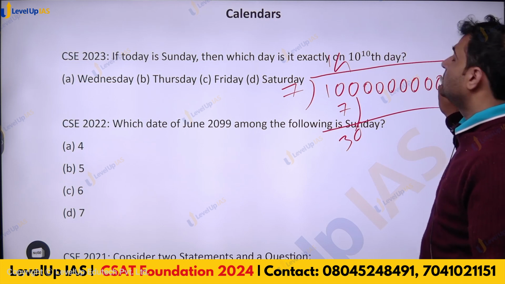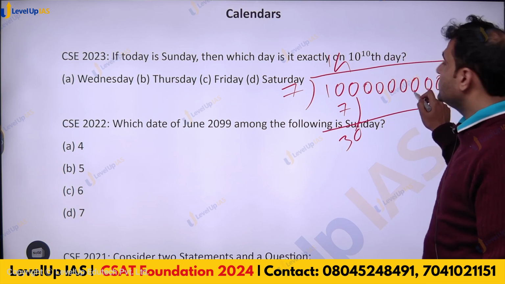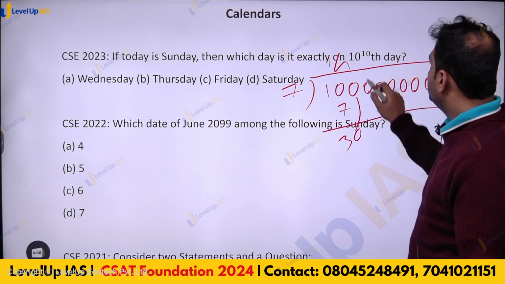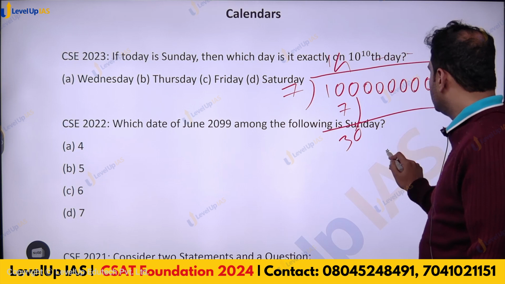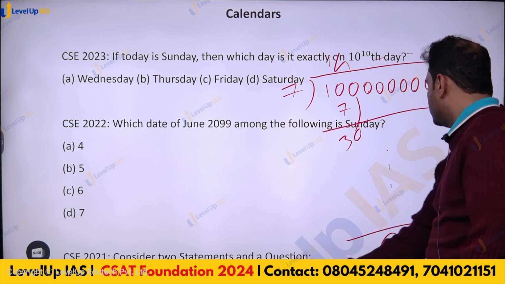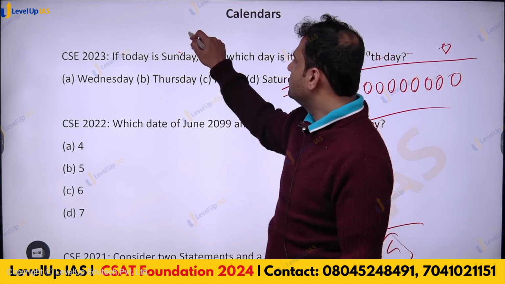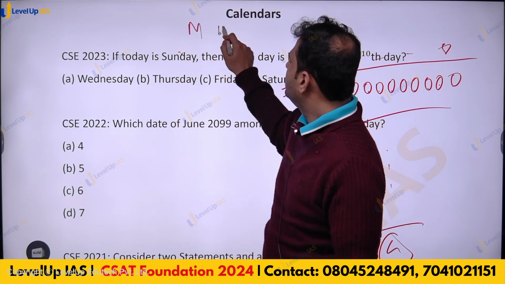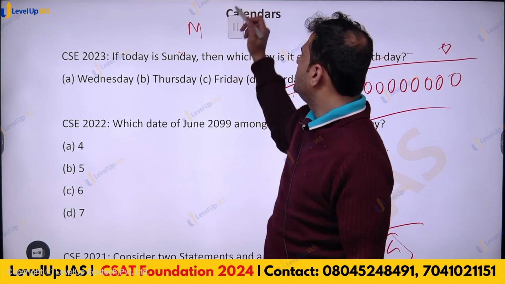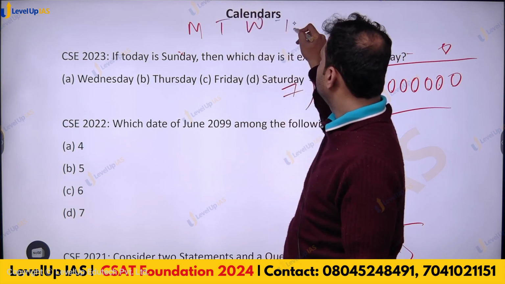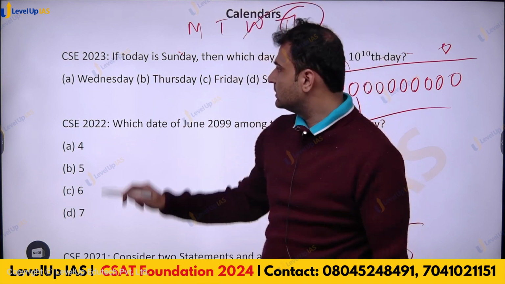So you have 6 0, 7 8s are 56, and if you continue like this, remainder is 4. If you start from Sunday, you go 4 days ahead, that is Monday, Tuesday, Wednesday, and Thursday, which is the answer.